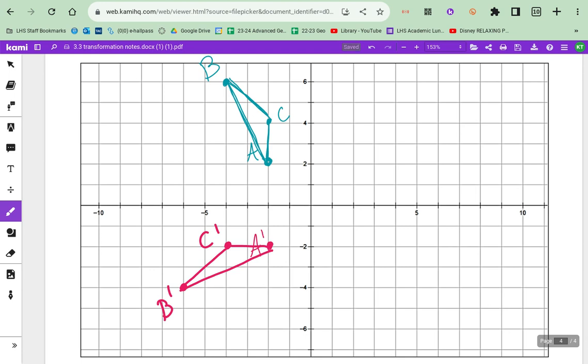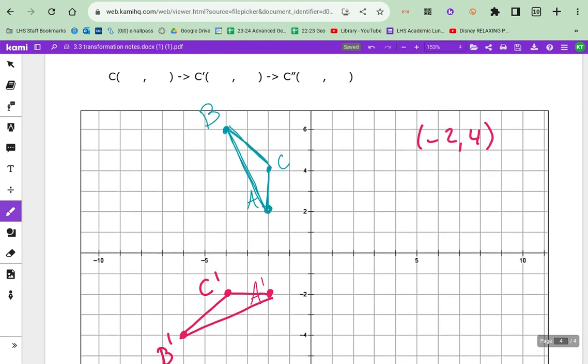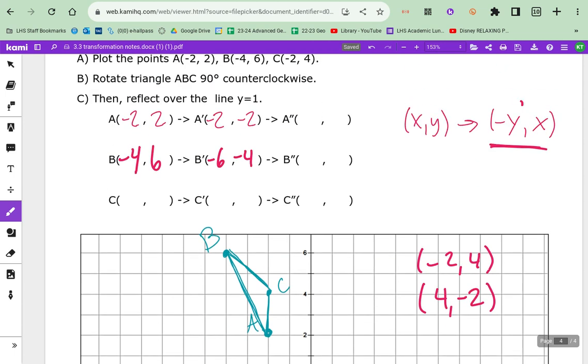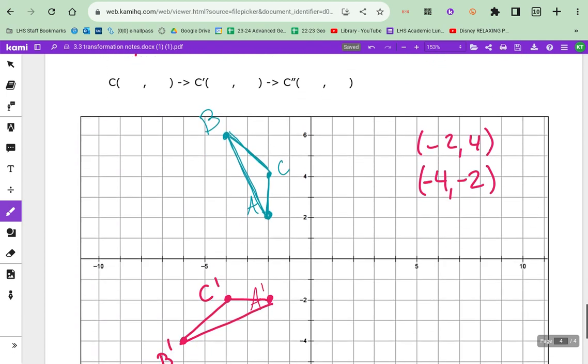Again, if you're wondering how I'm getting those numbers, C was at negative 2, positive 4. So the rule is that (x, y) becomes (negative y, x), which means that first they just switch orders. So the 4 comes in the front, and negative 2 goes in the back. And then because the y in our rule is negative, it means that the first one changes sign. So negative 4, negative 2.